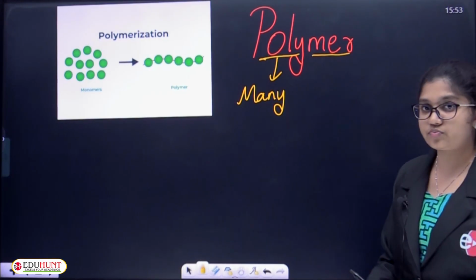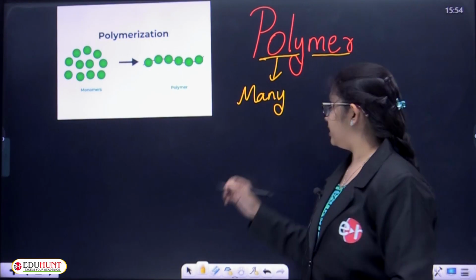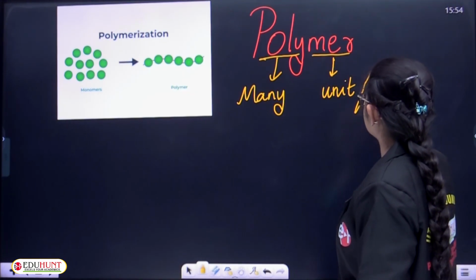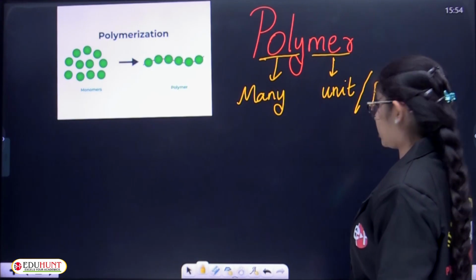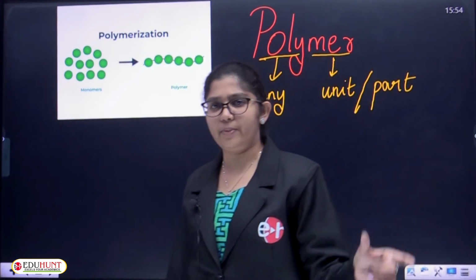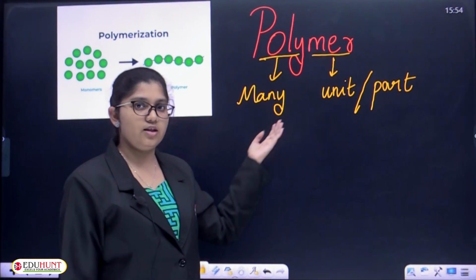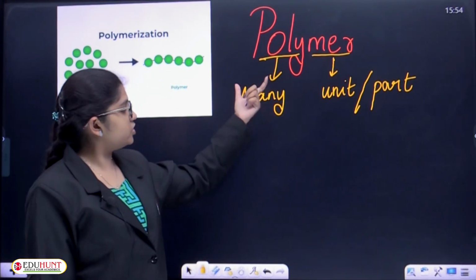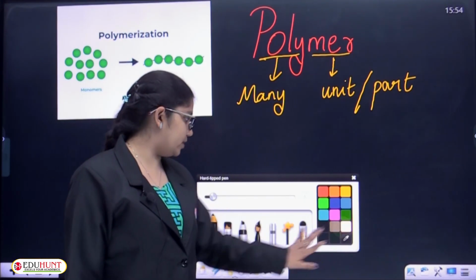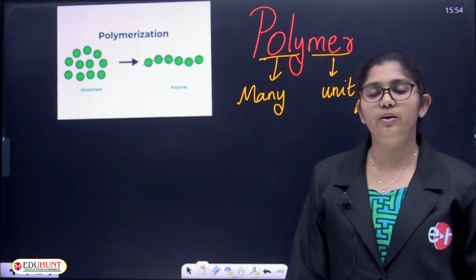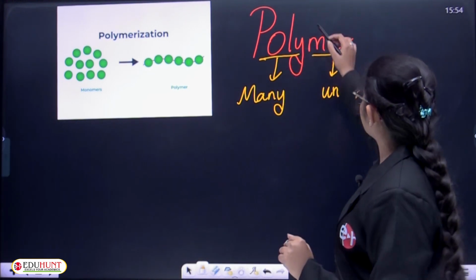M-E-R, mer. Mer means, in Greek, unit or else part. So when we join the word poly, which means many, with mer, it means many units or many parts. Got it, children? Here we divided the word polymer into two: the first is poly and the other is mer.